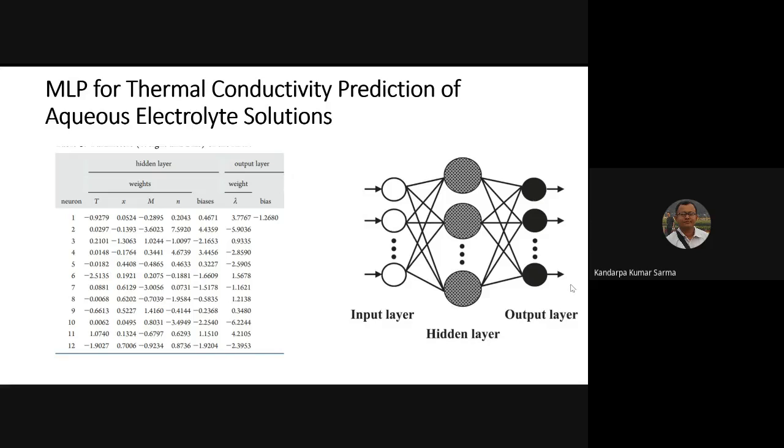So that is a mark of the reliability of the multi-layer perceptron and its popularity for a range of scientific purposes, for scientific research.